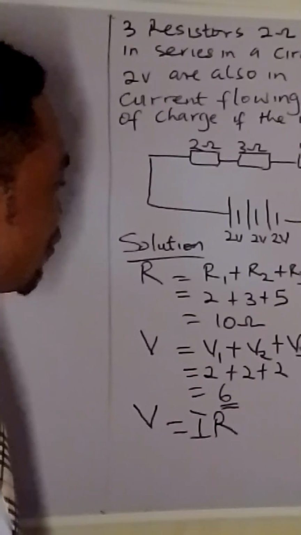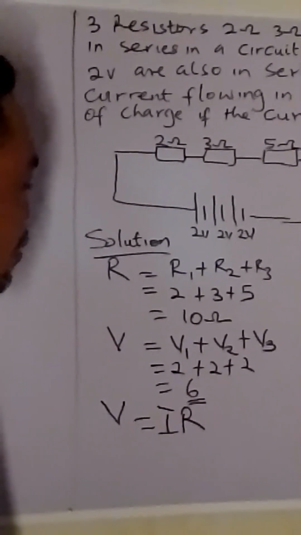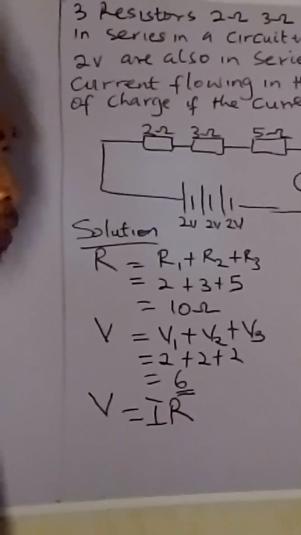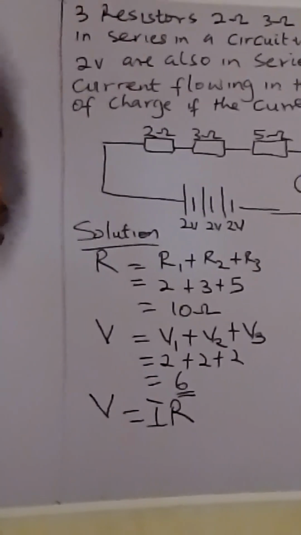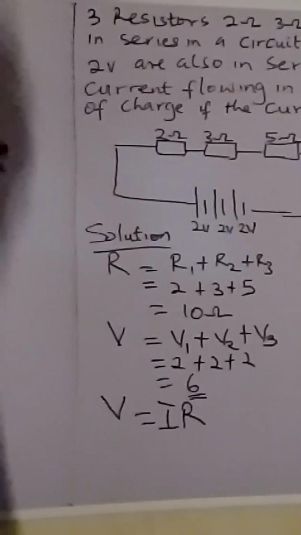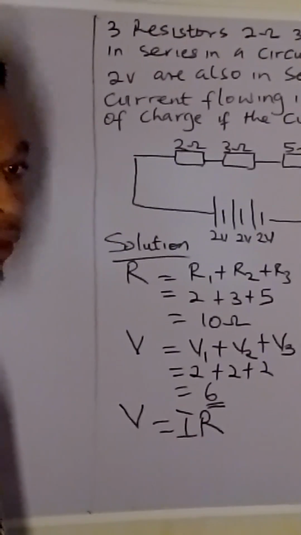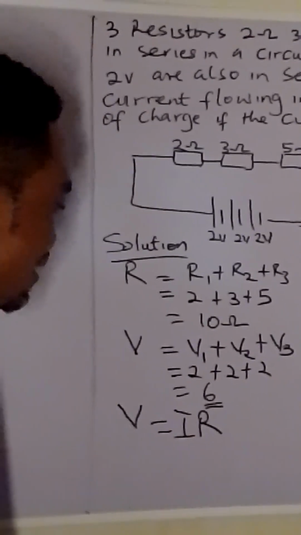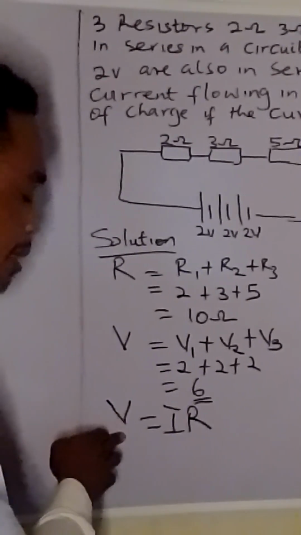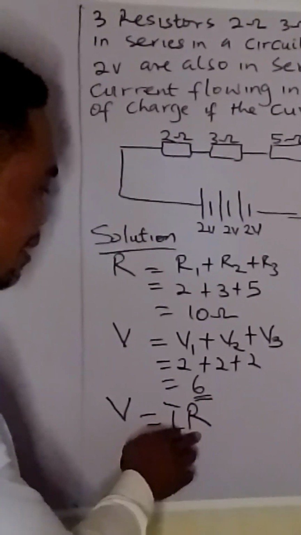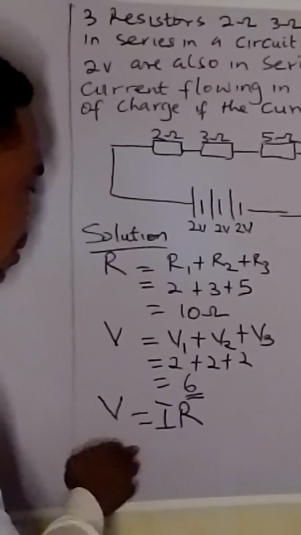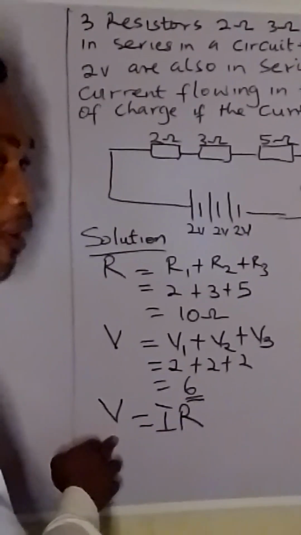When we have done this, the next thing now is to make I the subject of the formula. Since we are looking for the current, we make I the subject of the formula, meaning that R crosses over to this side. Since it's multiplication here, once it crosses over, it will become division.